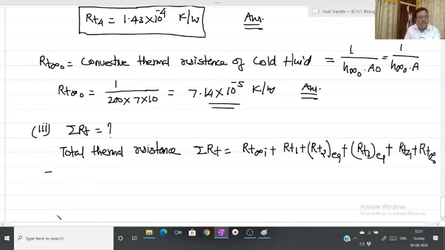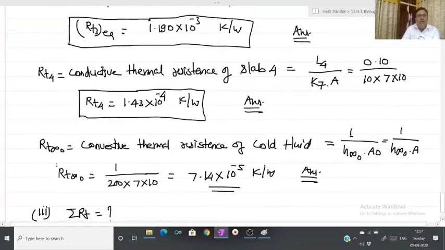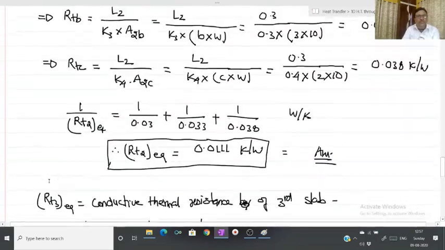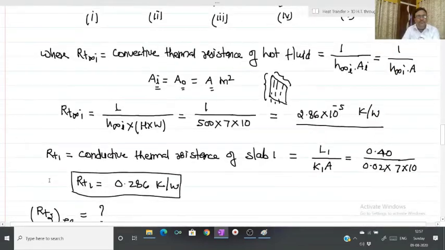Let us put all the values. So RT infinity I is 2.86 into 10 to power minus 5.